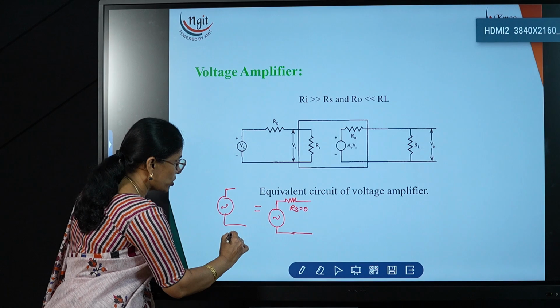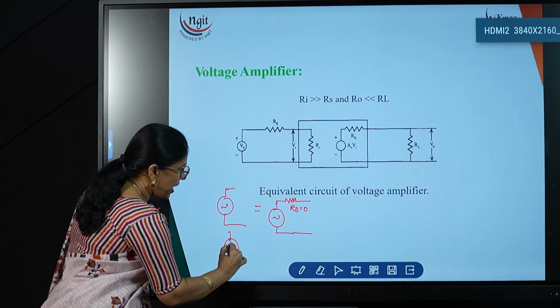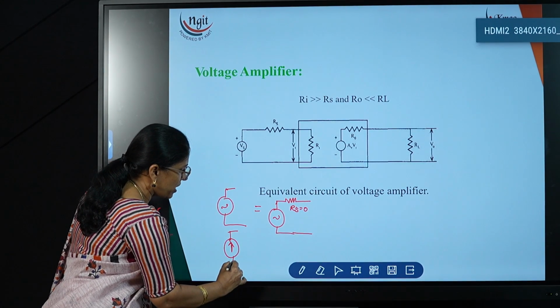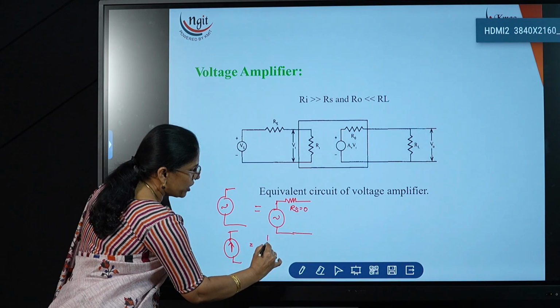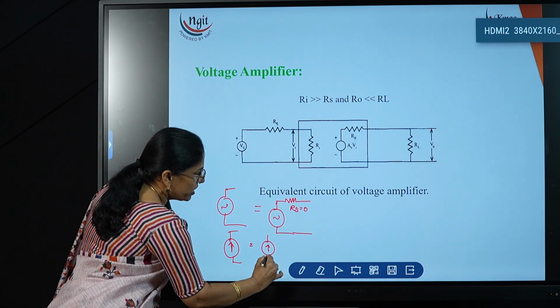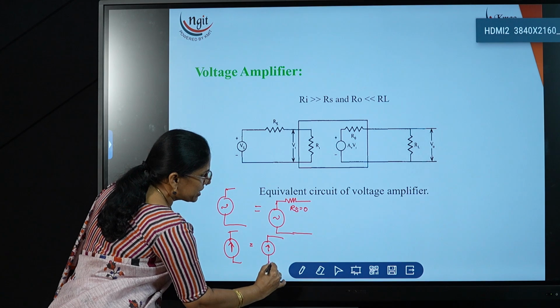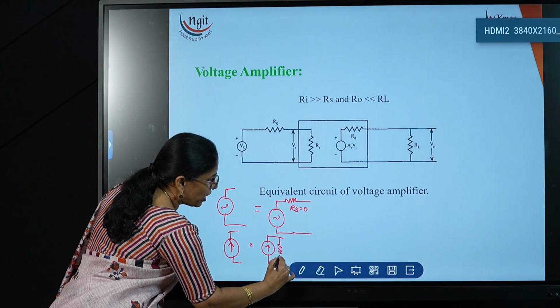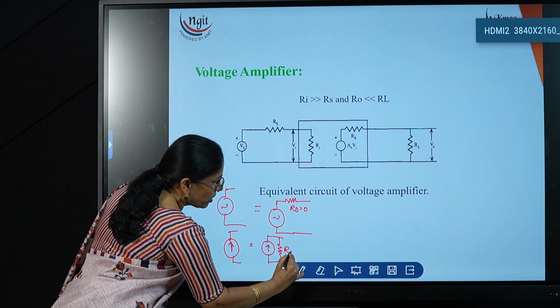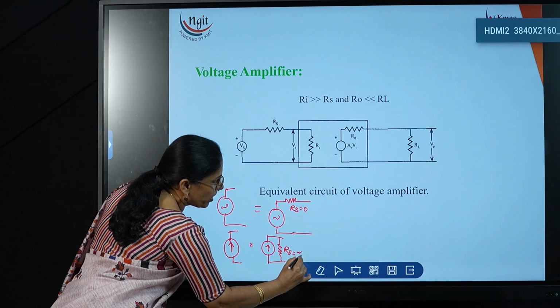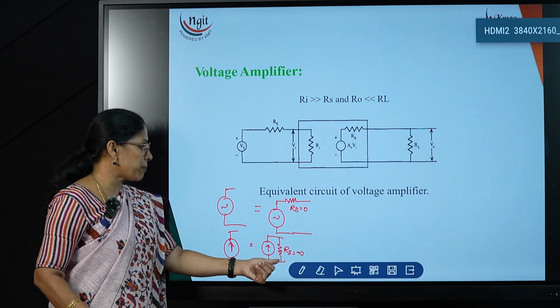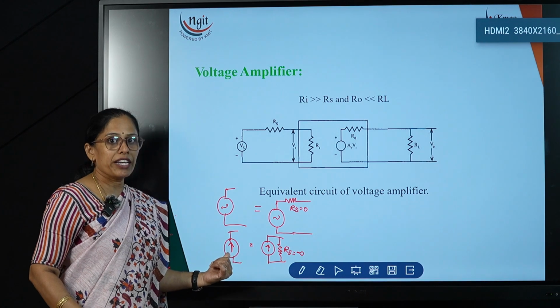Similarly for the current source. This is the ideal current source, which does not have any resistor. A practical current source always has a parallel resistor, that too of very high value. If this resistor value is equal to infinite, the practical current source acts like an ideal current source.